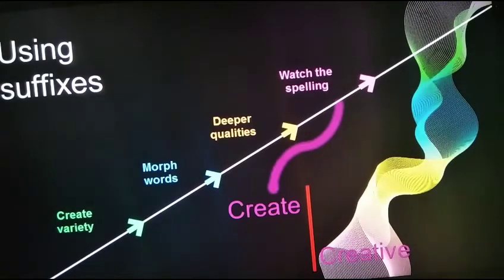But in future topics we're going to cover the rules of spelling with the suffixes. By knowing the meaning of a prefix or a suffix, it's going to be easier for you to identify the meaning of a whole word that maybe you haven't met yet.